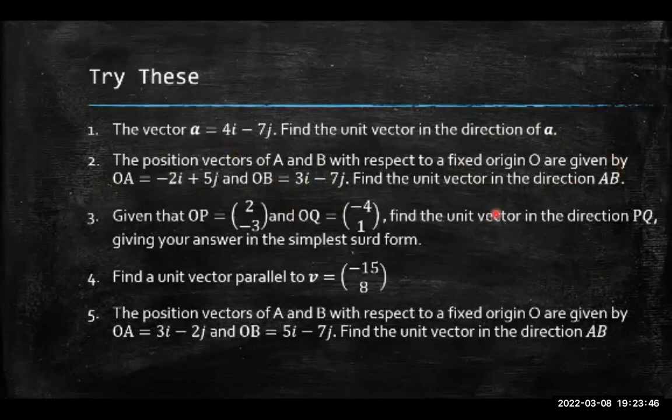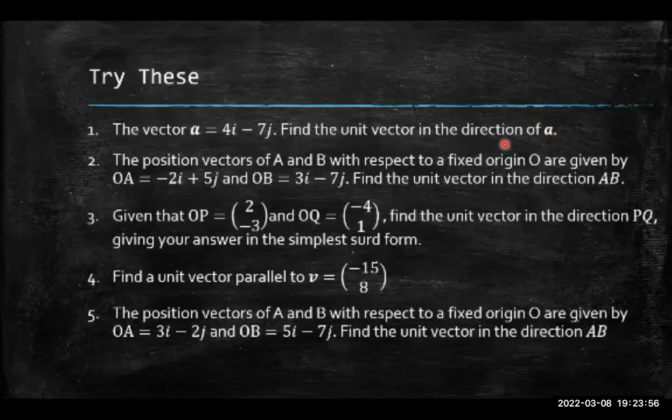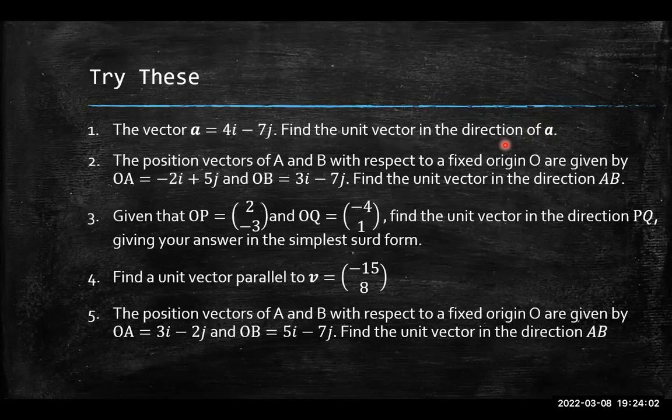Okay, one thing I want to point out. In this question, they gave you the vector A and asked you to find the unit vector in the direction of A. That's why we use the vector A, right? We found the magnitude of vector A, and then to find the unit vector, we said 1 over the magnitude of vector A multiplied by vector A, right?